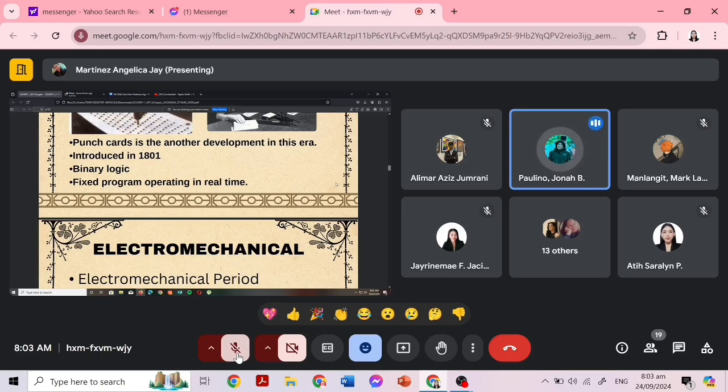British mathematician George Boole, 1815 to 1864, developed Boolean logic, which is the logic that allows computers to use the binary system to compute complex equations and to perform programmable functions. So the fixed program operating in real time. So that's all po. Thank you.